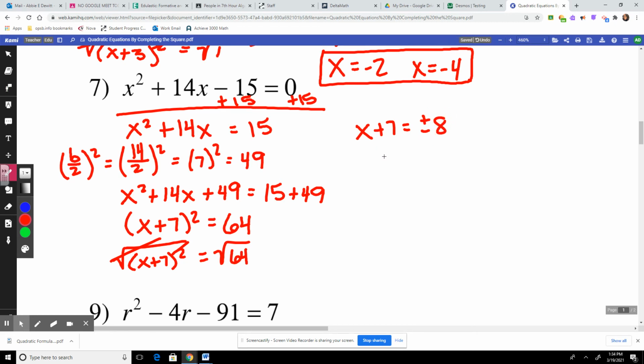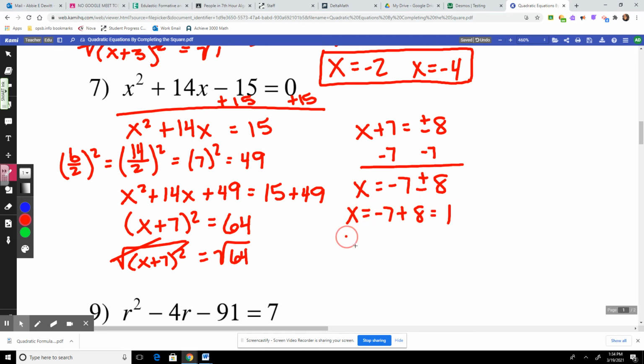To isolate x, I'm going to subtract 7 from both sides, and that tells me that x equals negative 7 plus or minus 8. So x equals negative 7 plus 8, which is 1, and x equals negative 7 minus 8, which is negative 15. So the two solutions for this quadratic are x equals 1 and x equals negative 15.